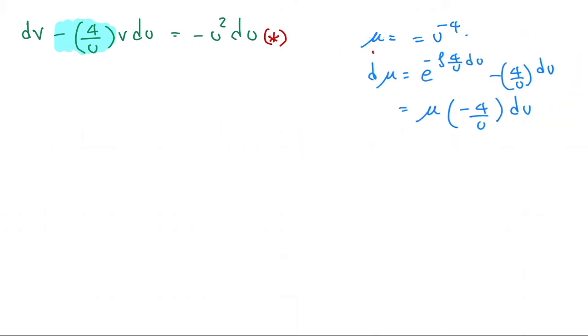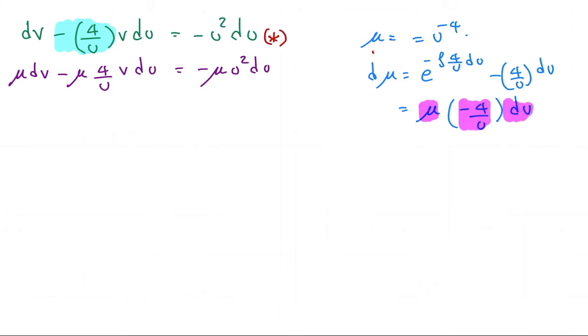So here, I'll multiply mu to this star. So what I have is mu dv minus mu 4 over u v du equals minus mu u squared du. Okay, and again, as we did many times, this guy is actually d mu.